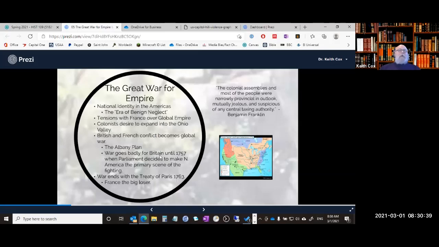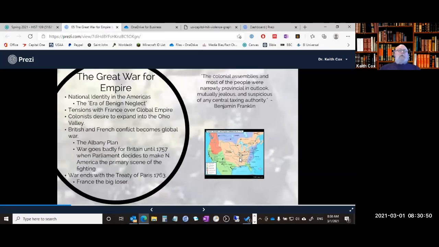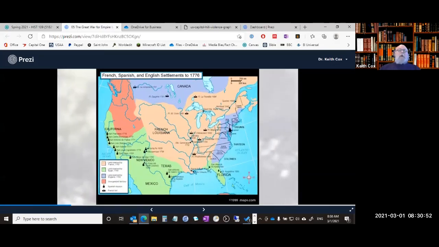So then you can see it started in 1756 and it ends in 1763 with the Treaty of Paris. And the outcome of the Treaty of Paris is that Britain gains all of this territory east of the Mississippi, with the exception of Florida, which becomes Spanish.